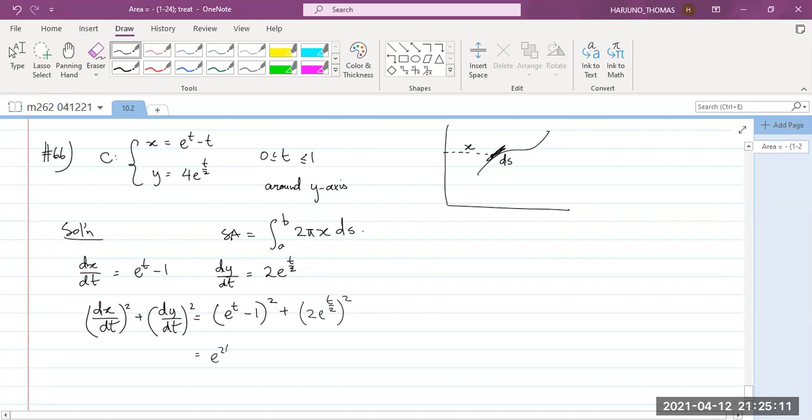That's e to the 2t minus 2e to the t plus 1 plus 4e to the t.